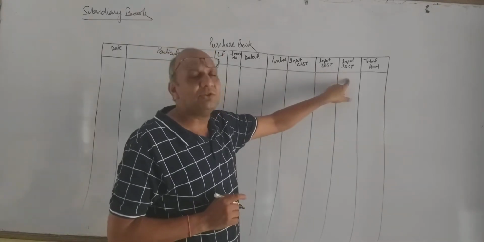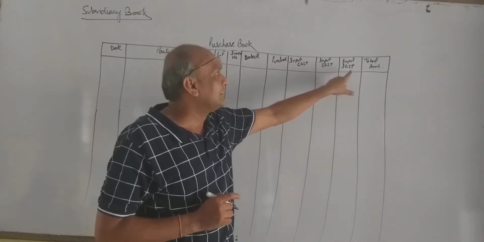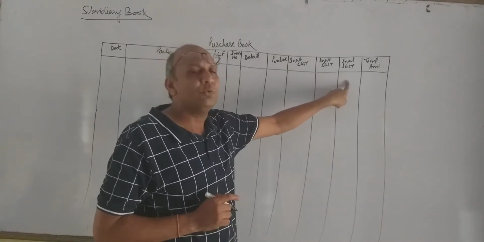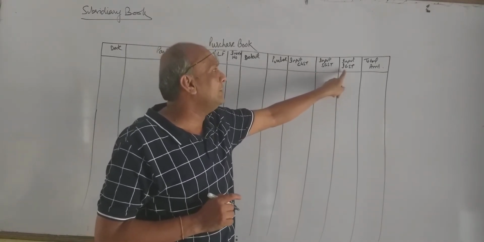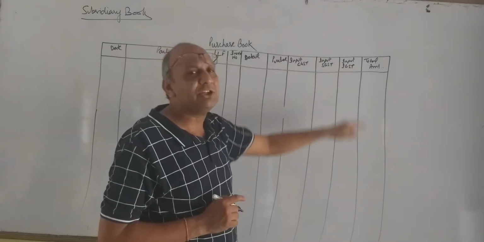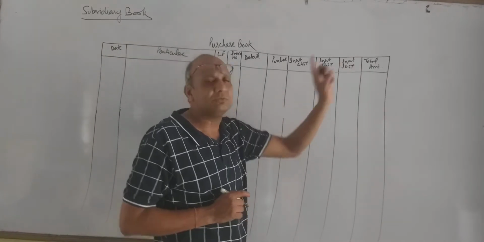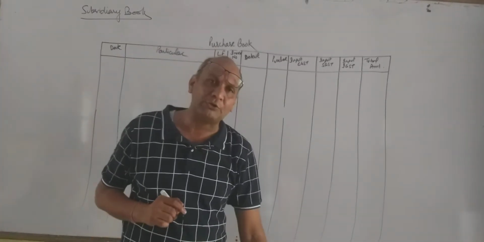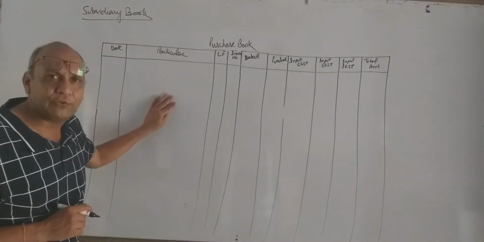If the transaction takes place with any other state, then instead of input CGST or input SGST, which word are we going to use? Input IGST, Integrated Goods and Service Tax. This I stands for interstate, with another state. And here the total amount is going to come. So this is the format.